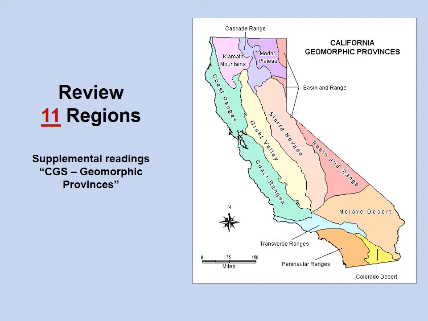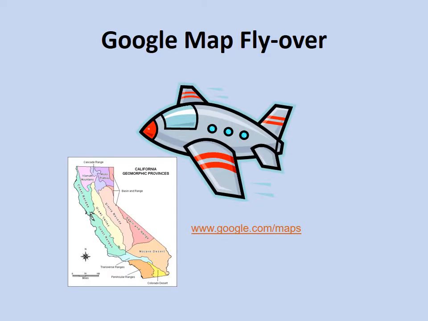As you have a chance to get out and about, make sure you're jotting notes down in your field guide about when you notice that you've gone from maybe the valley to the Cascade or Sierra or Klamath or Coastal Range, wherever you might have a chance to be. Also, there's a link in this lecture that does a flyover for you, so you can do an aerial view and see how these landscapes look, the actual habitat looks, rather than just this map with a bunch of different colors on it.